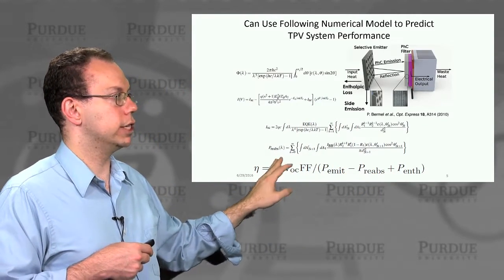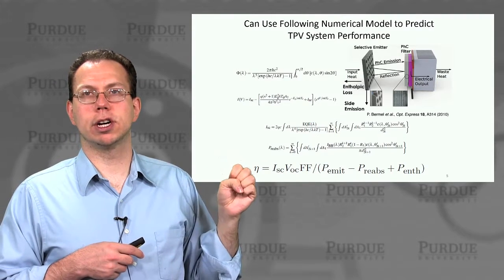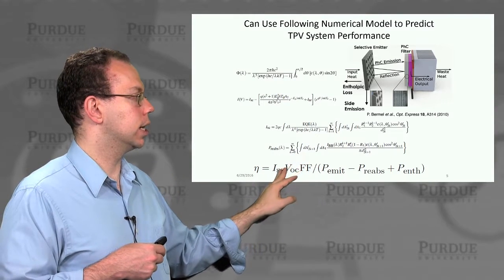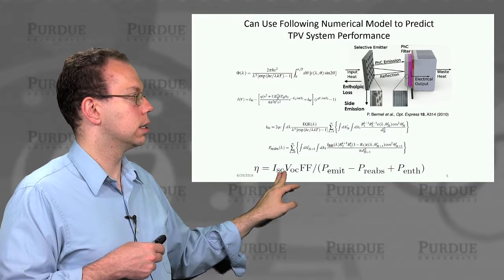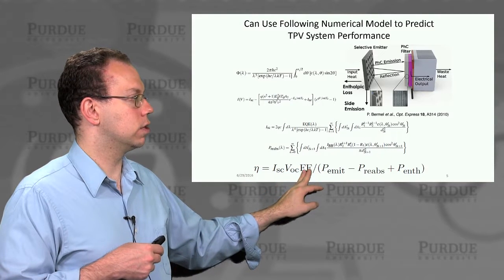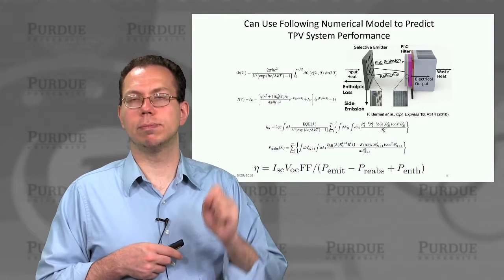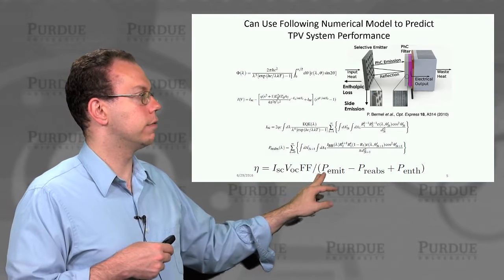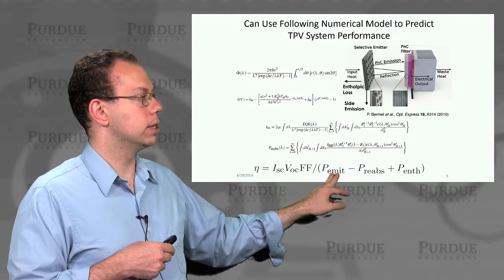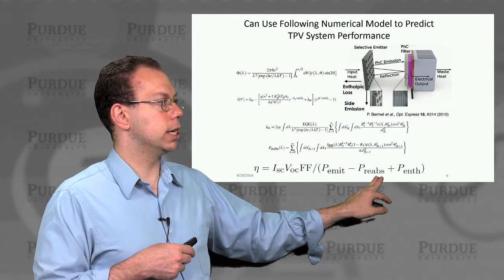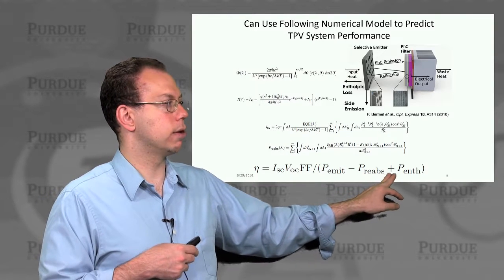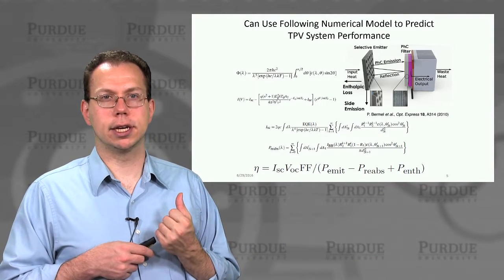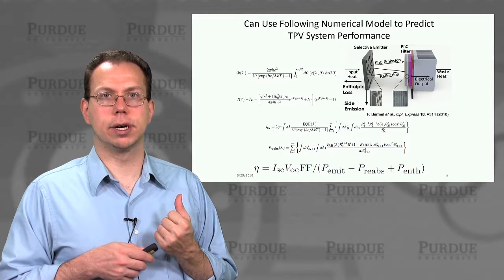And then to get the overall efficiency by which you're able to convert that input heat into final electric output, we have this set of equations where we have the power output of the photovoltaic cell, which is a product of short circuit current, open circuit voltage, and fill factor, which is well known for solar cells, divided by the emitted power, but corrected by the reabsorption, which reduces the effective emitted power, and then adding the enthalpy of heat loss if there is any heat loss in the heat generation process, if you will.